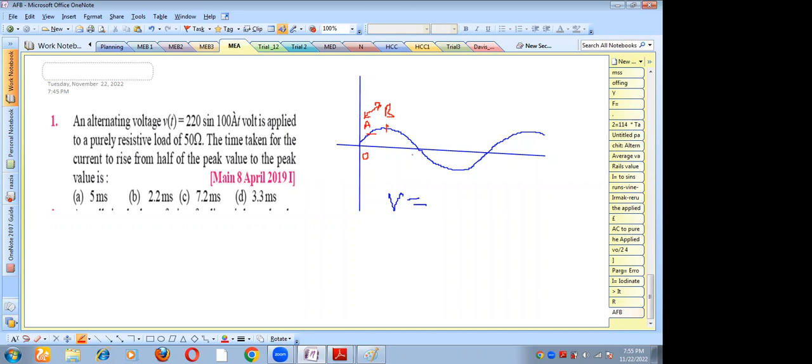So we know that from 0 to C, the time taken is T, so 0 to T by 2, sorry, time period half. So time taken from 0 to B, what will be that? 1 by 4 of time period.